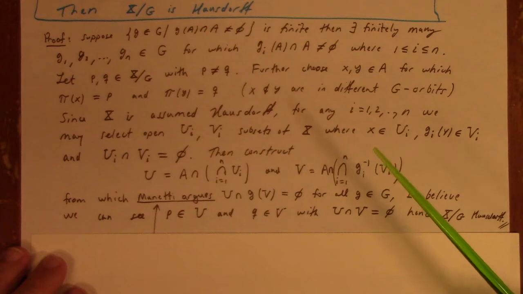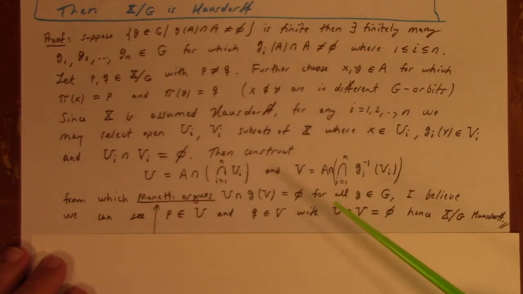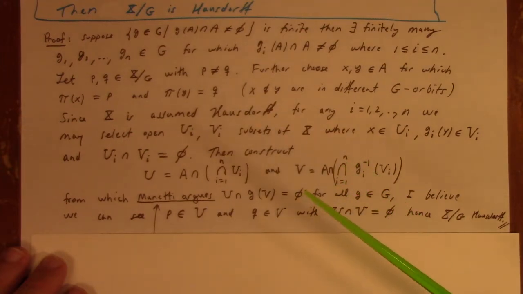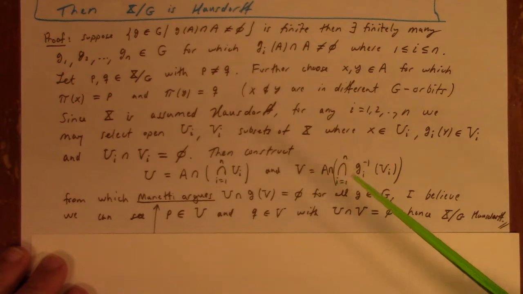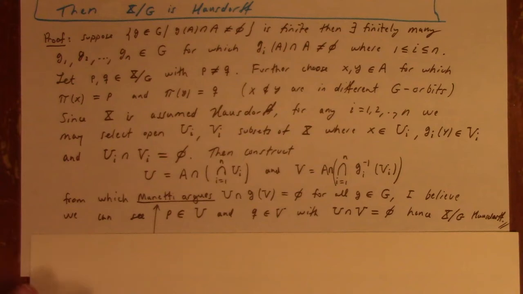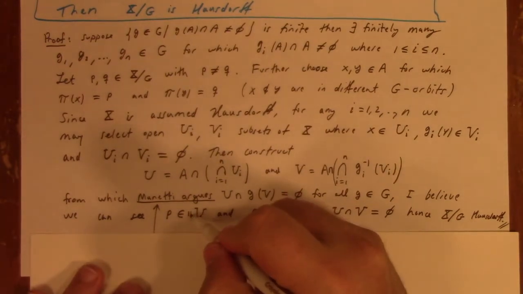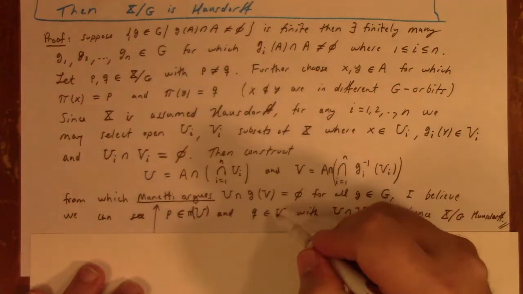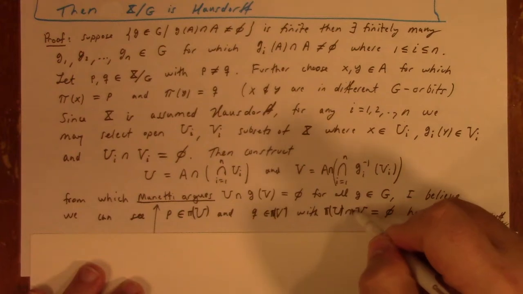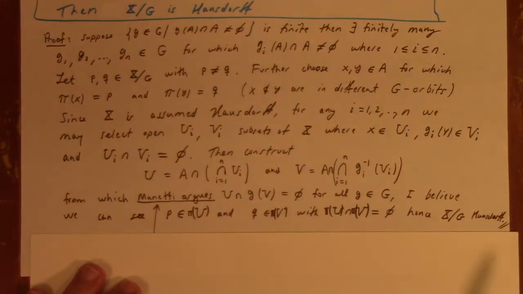So maybe it's that pi of U and pi of V give you the separation, and remember the quotient map is an identification here, so the image of an open set is open. I believe we can see that P is an element of pi of U, and Q is an element of pi of V, with pi of U and pi of V not meeting, okay?